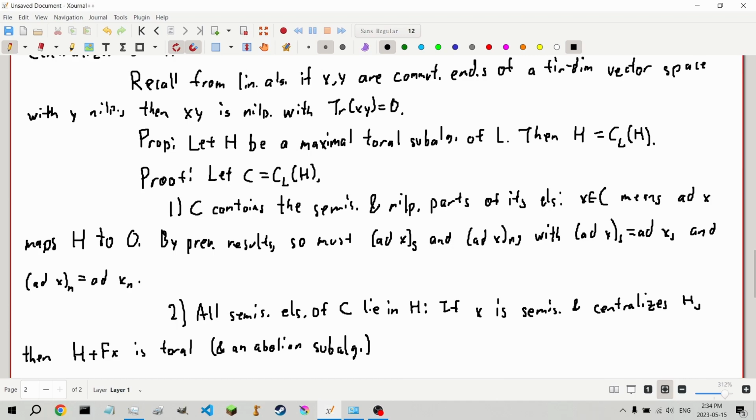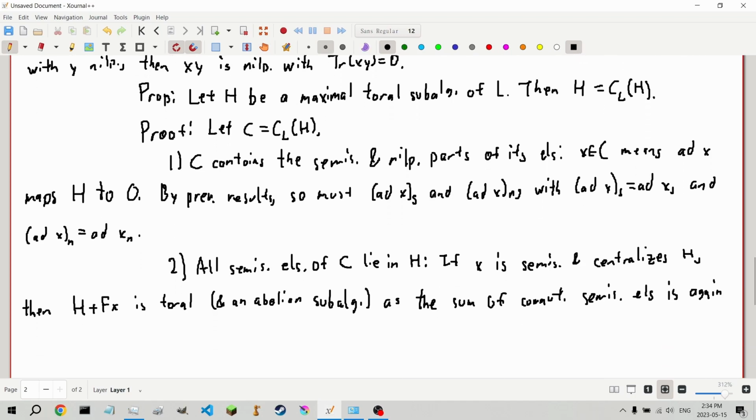And this comes from the sum of commuting semi-simple elements is again semi-simple.